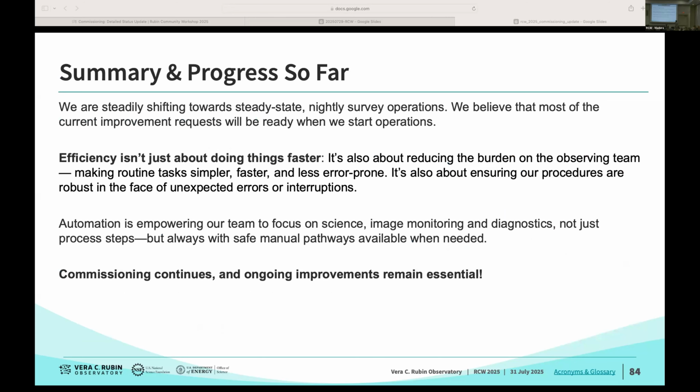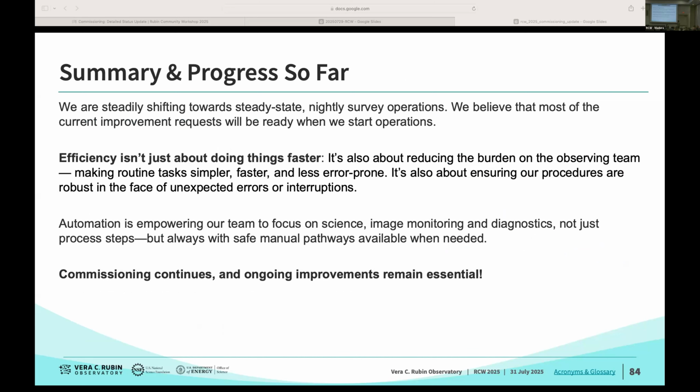And just to close this, it has been a very busy time since the ComCam campaign. But we believe now that we'll finish all those requests, maybe when we start the operations, we are very close to this. And finally, just to repeat again, the efficiency isn't just about doing things faster.